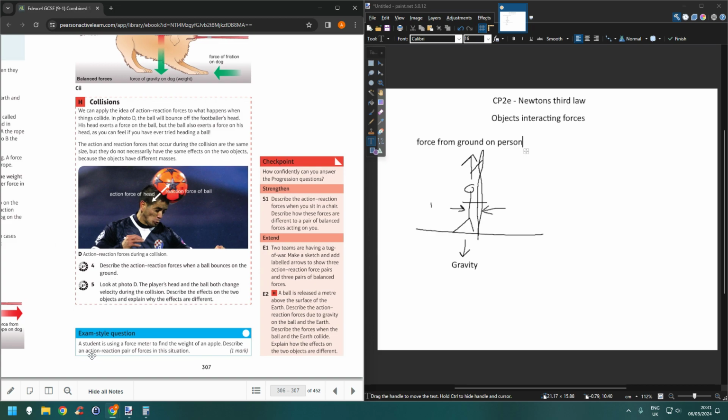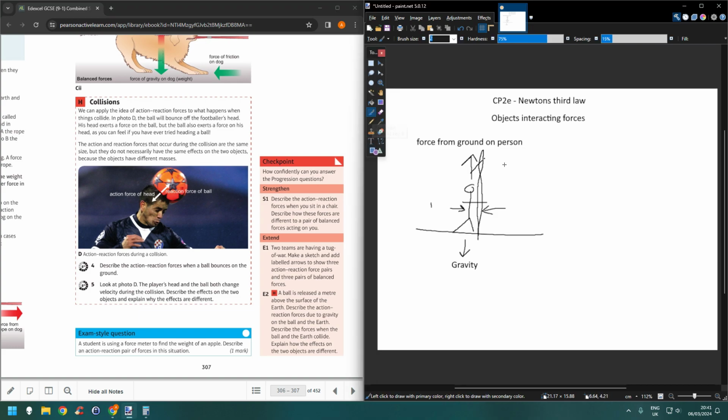Let's just have a look at this and see if we need to do any more research. A student is using a force meter to find the weight of an apple. Describe the action-reaction pair of forces in this situation. I believe the force meter is something like this that I've used before. It's got a little ring here and a digital display here. And then you've got the apple here. So you've got the weight of the apple pulling down.